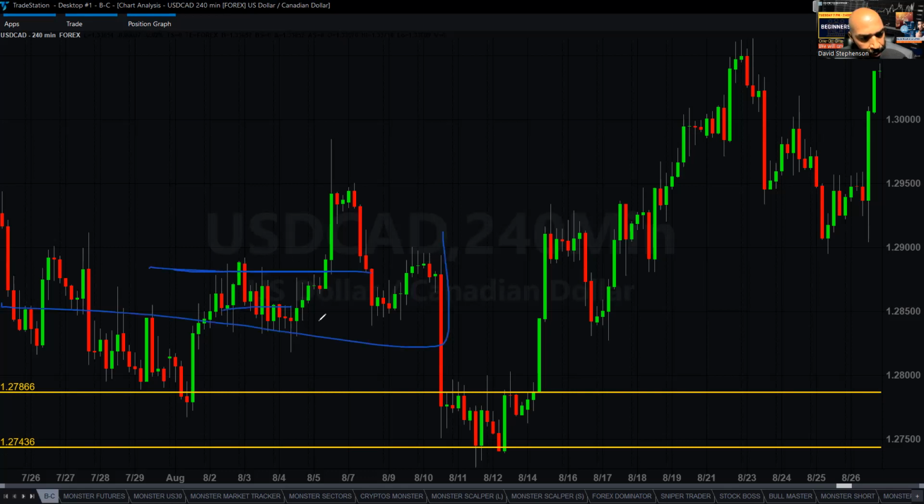We're going right here. Here is our cage, support and resistance. Did we break out of that cage? Yes or no? Yes. I see what you mean now by that cage there.